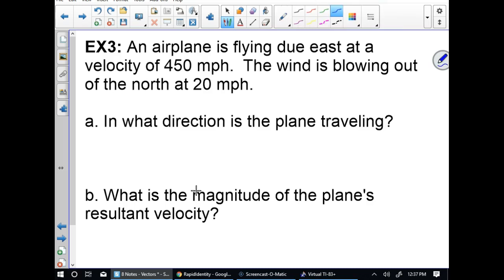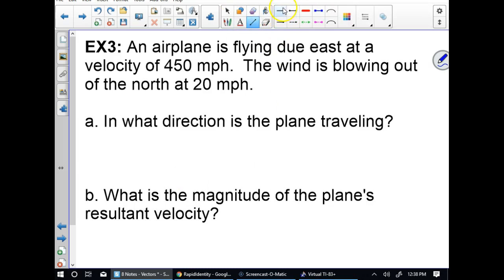And we'll look at some of those harder situations on Monday. But right now, we have an ideal situation where a plane is flying due east at a velocity of 450 miles per hour, and then it crosses into a wind blowing out of the north at 20 miles per hour. So, whenever this happens, that wind is going to knock the plane off course a little bit. It's also going to change the velocity of the plane a little bit.